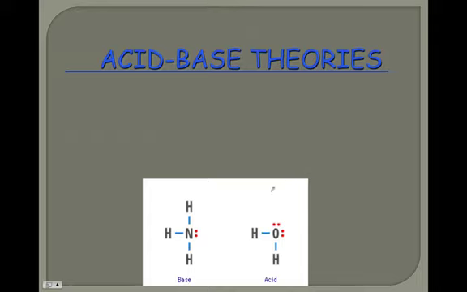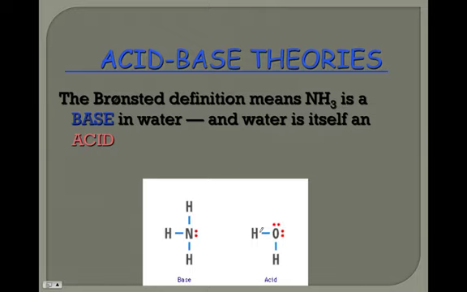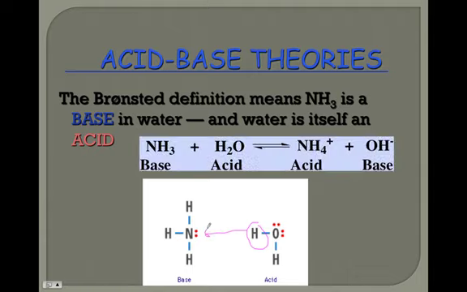All right, so here is a base and an acid. The Bronsted definition means that ammonia is a base in water, and water itself is an acid because it's acting as an acid in that case because it's donating the hydrogen. So that hydrogen is donated from the water, making a base.